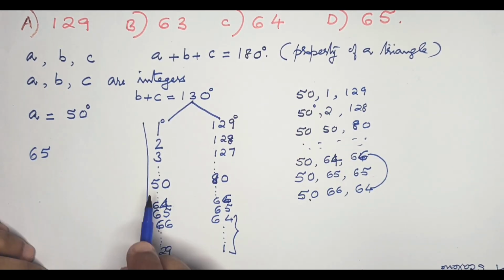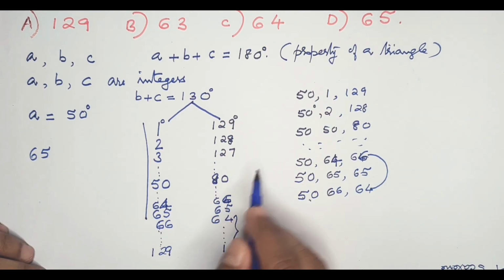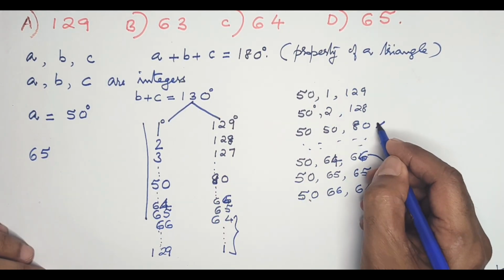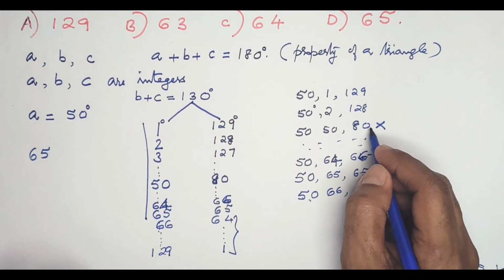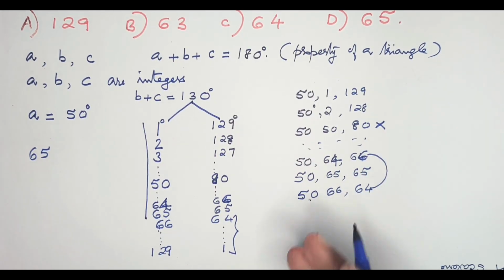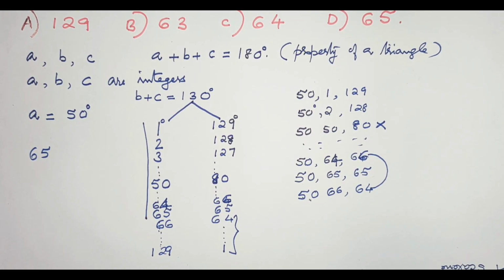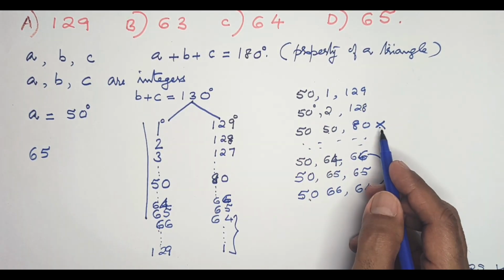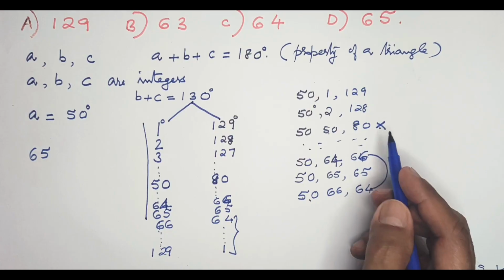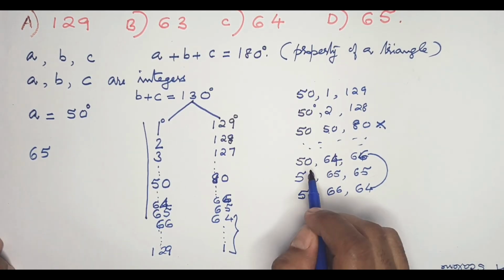But if you look at this triangle, 50, 50, 80, this cannot be counted because this is an isosceles triangle. A scalene triangle is what? You have all the internal angles being different. They are not different here. So this should be excluded from the total number of scalene triangles you are likely to obtain.